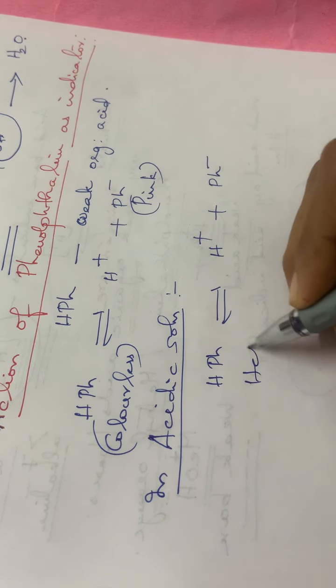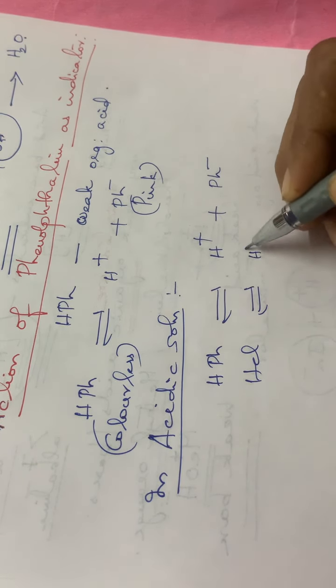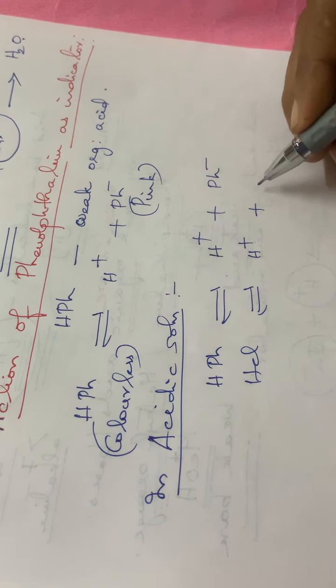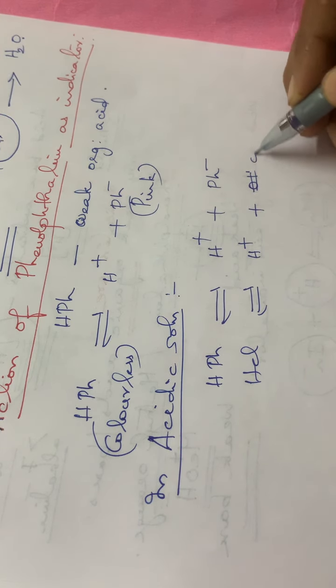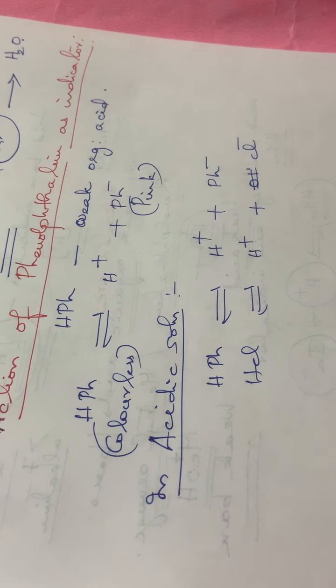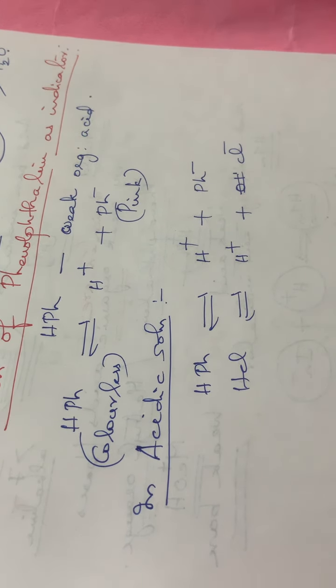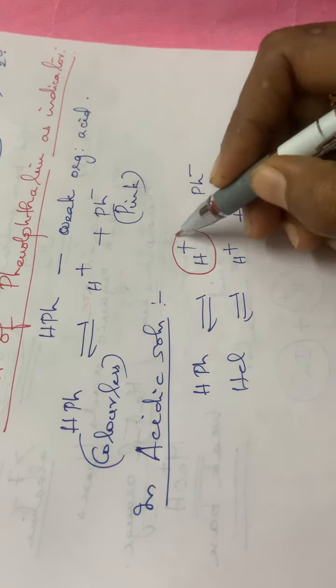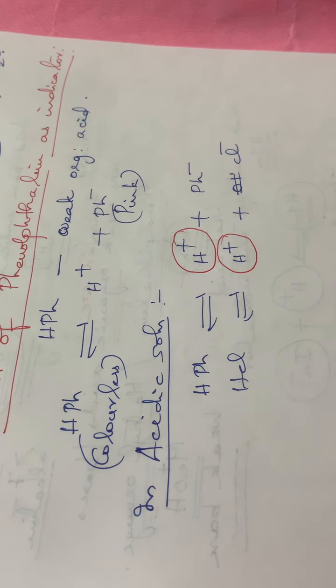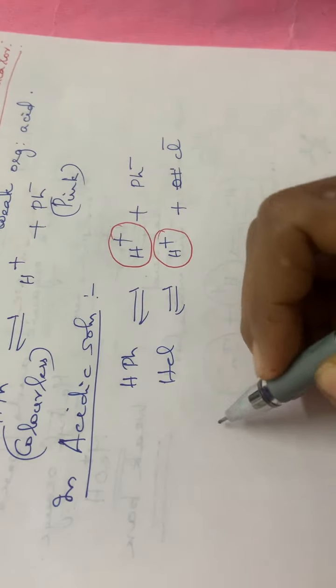Then in an acid solution, HCl will be ionizing as a strong acid, so it will be completely ionized as H plus and Cl minus. As already discussed, both of them have an ion in common. The common ion is H plus, isn't it?